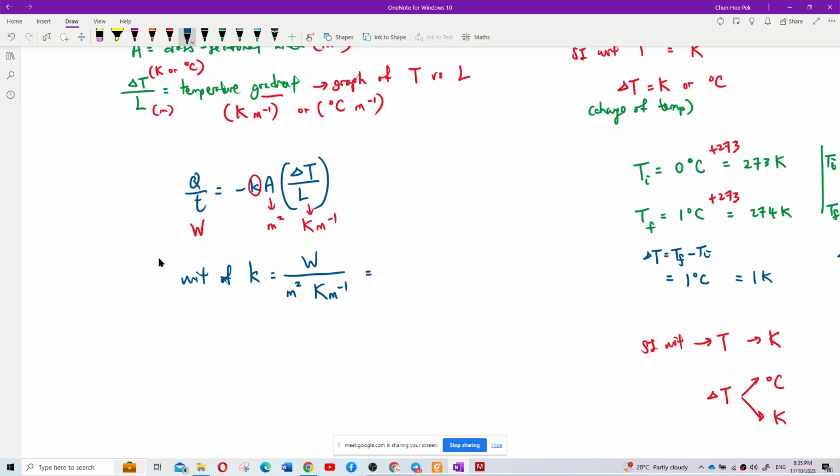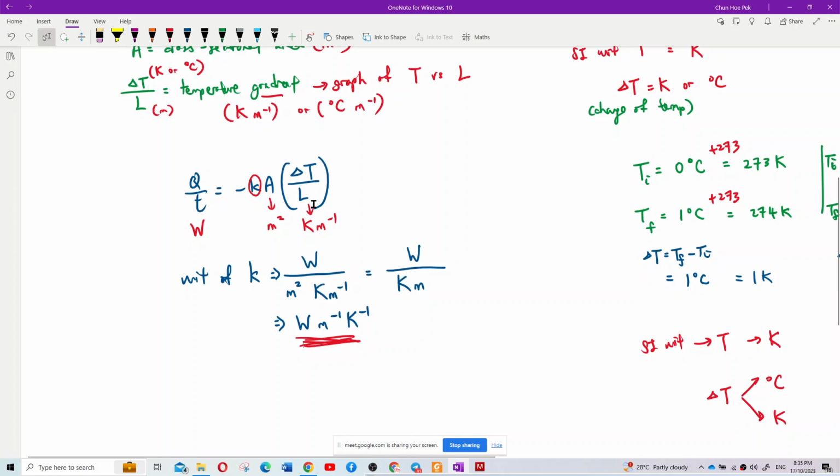So meter square to the power of -1 and meter, 2 minus 1 becomes m only. So the unit for K is per meter per Kelvin. That's the thermal conductivity unit: watt per meter per Kelvin. Understand? You must know how to find the unit using the formula.